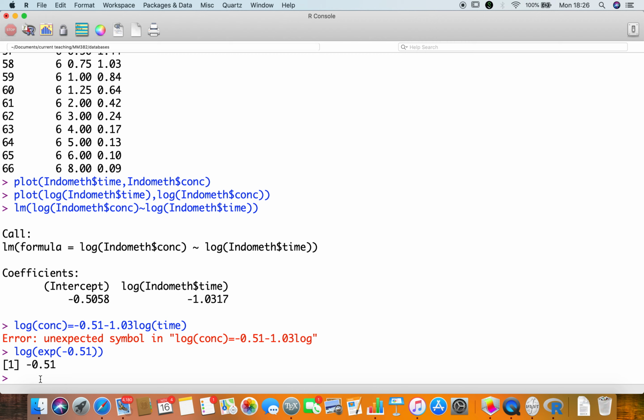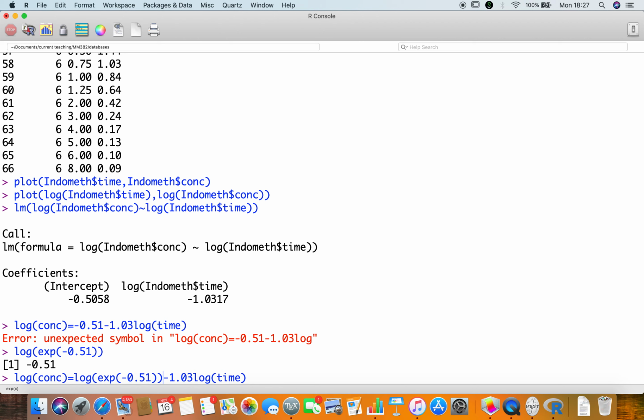I can write that as log, exp, brackets, minus 0.51. That's beautiful, and that's because log and exponential are inverses of each other.